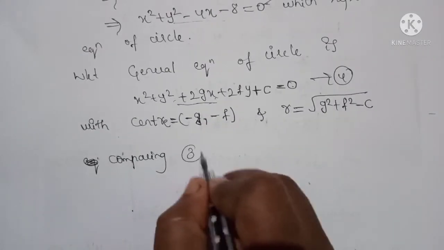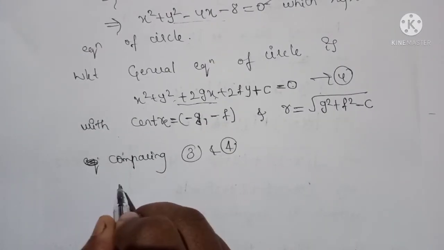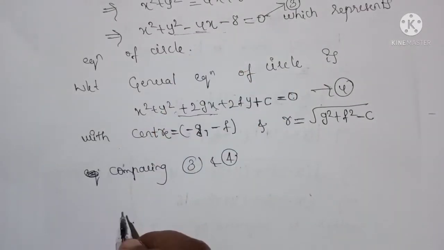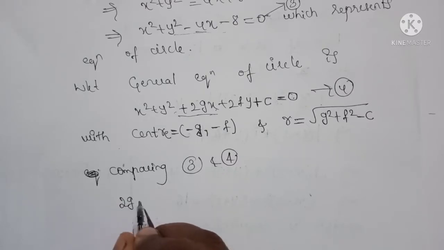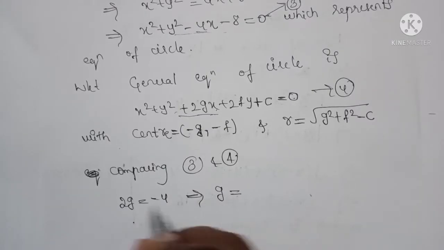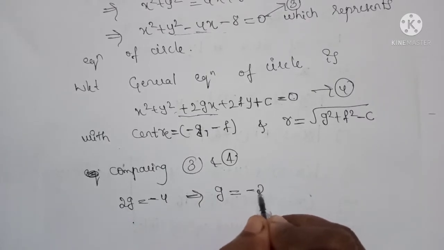Comparing 3 and 4, we get the coefficient of x is minus 4 here, so 2g is equal to minus 4, which implies that g is equal to minus 2.